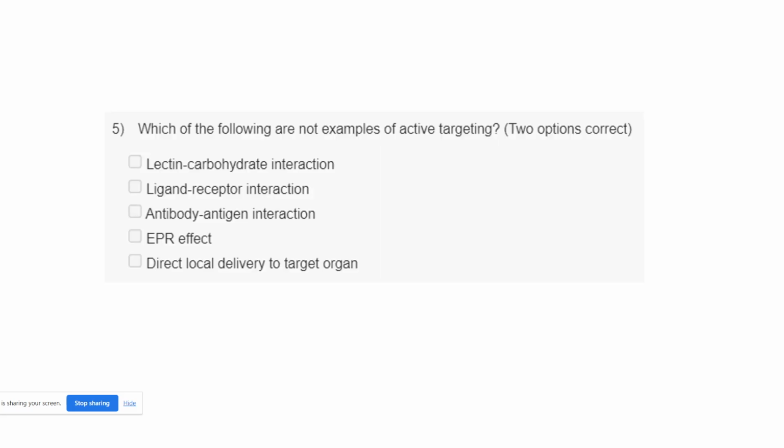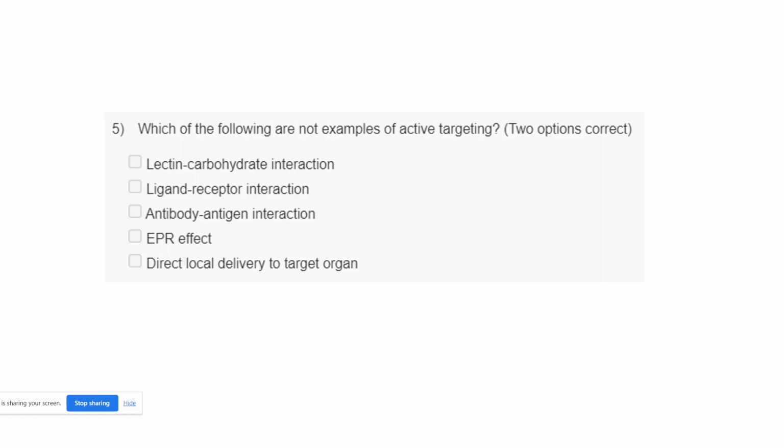This was the fifth question. Which of the following are not examples of active targeting? Would you like to answer? Ligand receptor interaction.